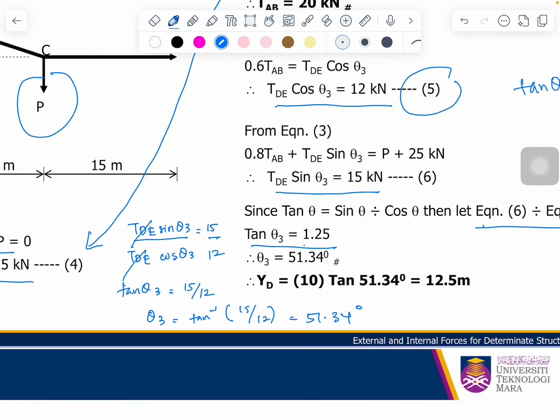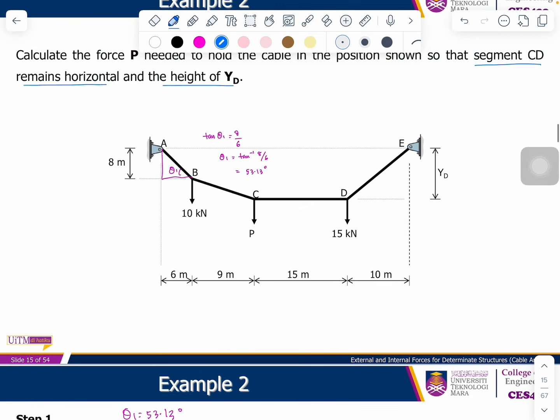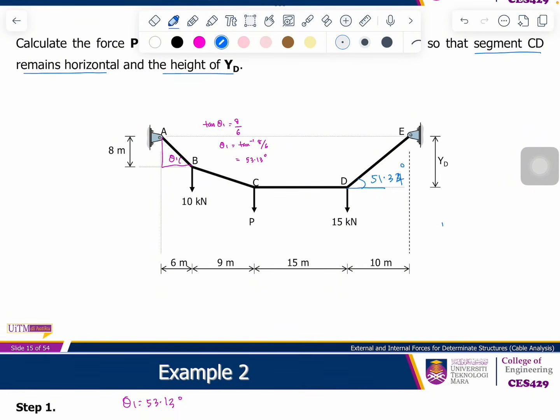And then YD: if you look at this, theta 3 is 51.34 degrees. So based on this, tangent 51.34 degrees equals YD over 10.